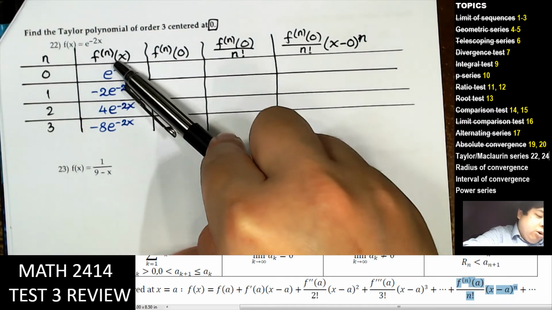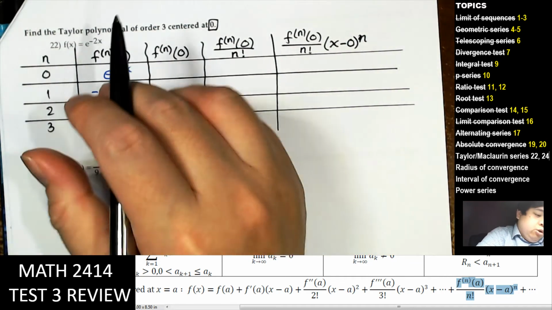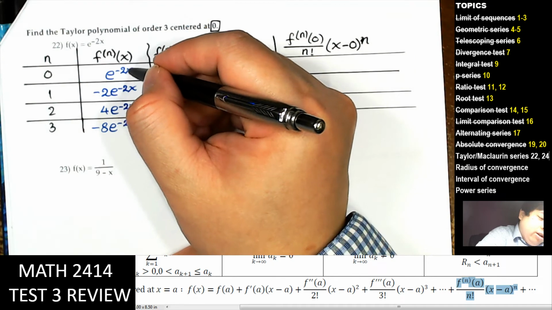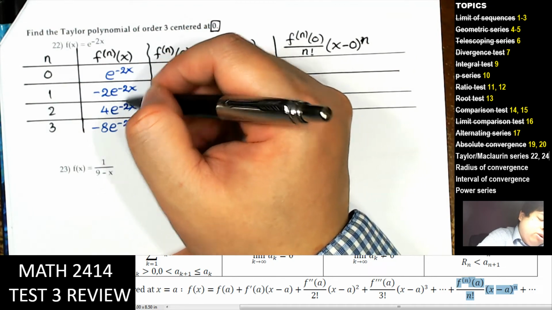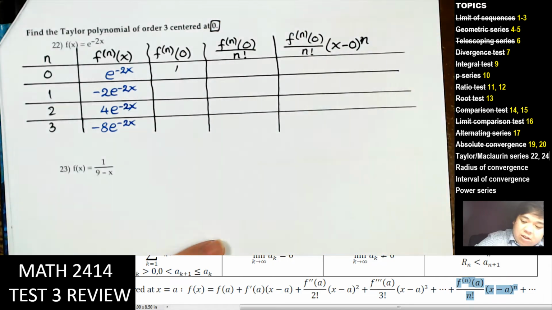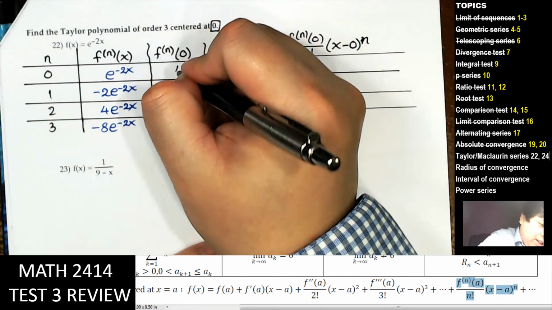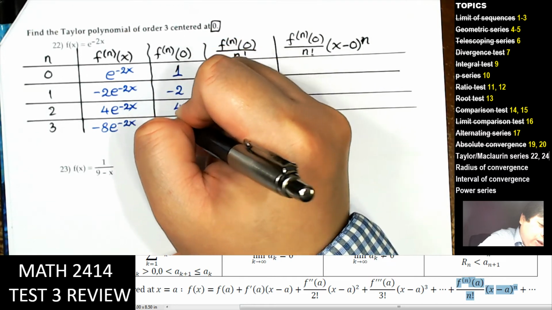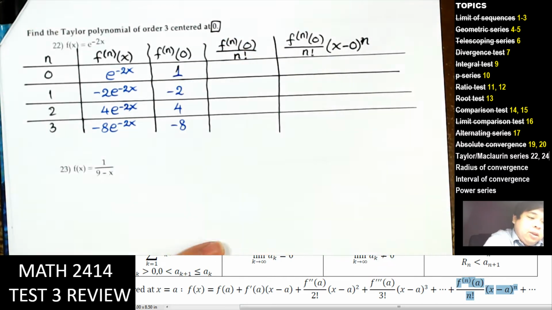Next we're going to put 0 in for x. So first we have the function and derivatives. Then we put in the values for x, so 0, 0, 0 here. e to the 0 power is 1, so we're going to have 1, negative 2, 4, and negative 8.